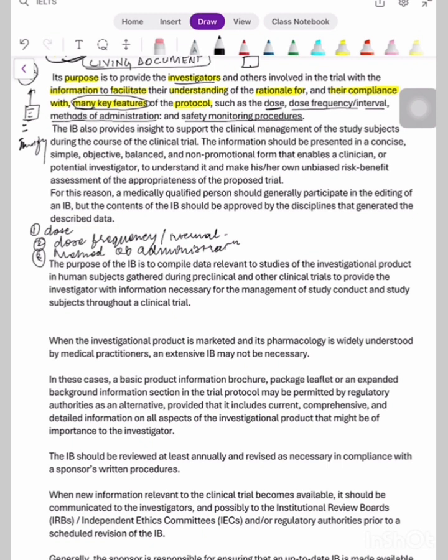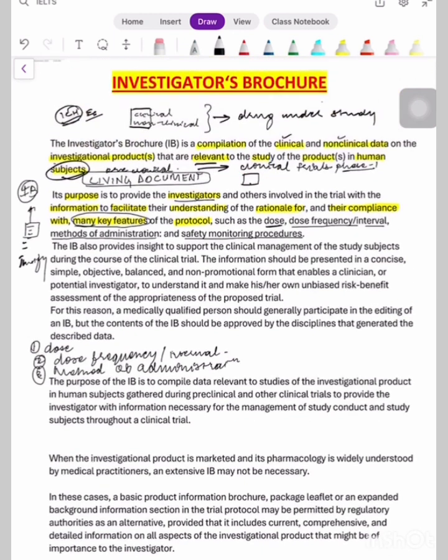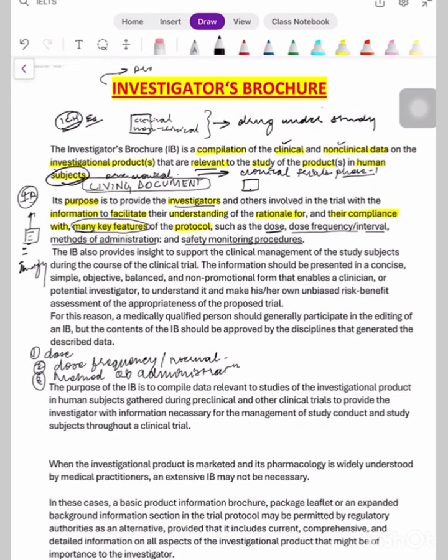So the IB is a compilation of non-clinical and clinical data, whichever is relevant to the study in humans. And it is the single most comprehensive document summarizing the information on the investigational medicinal product. And these are basically prepared by the sponsors, who also control the distribution of the document.